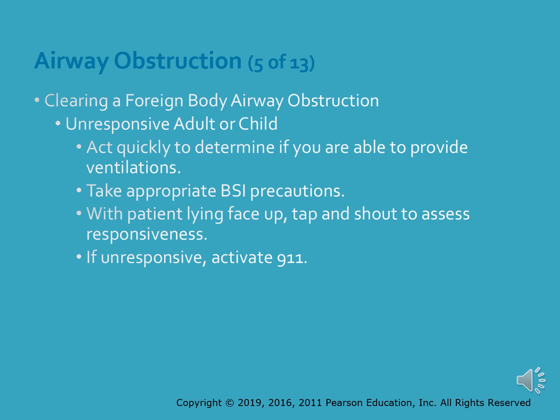For any unresponsive patients, you want to act quickly to determine if you are able to provide adequate ventilations. Because the tongue is typically the most common cause of an airway obstruction for those patients, you want to make certain to open that airway using the most appropriate maneuver prior to attempting ventilation. Once you have confirmed that you are unable to ventilate, that's when you're going to begin CPR.